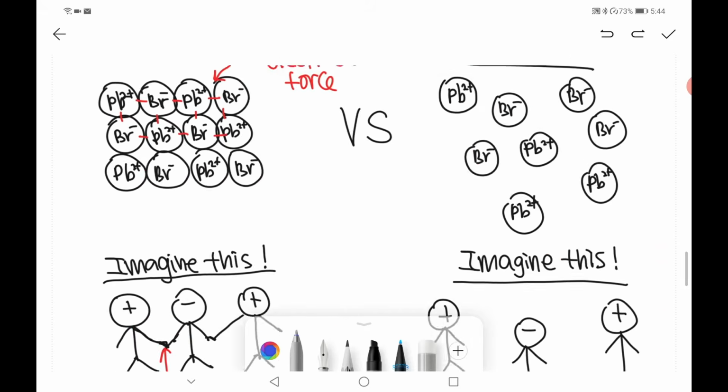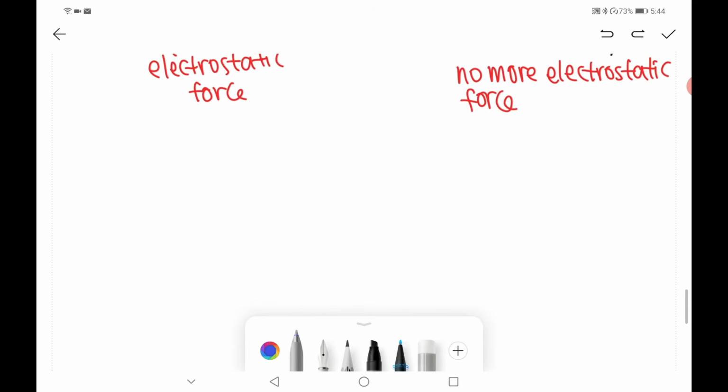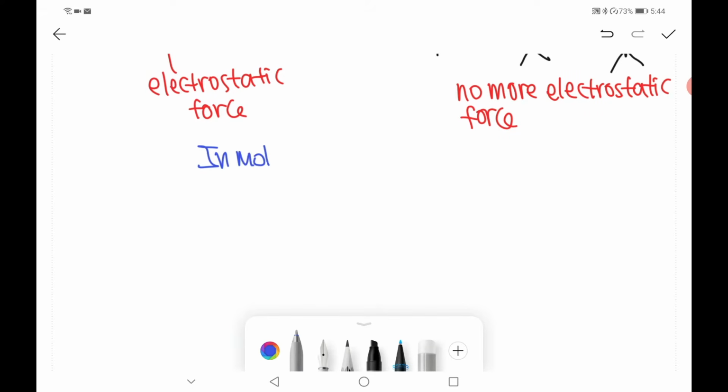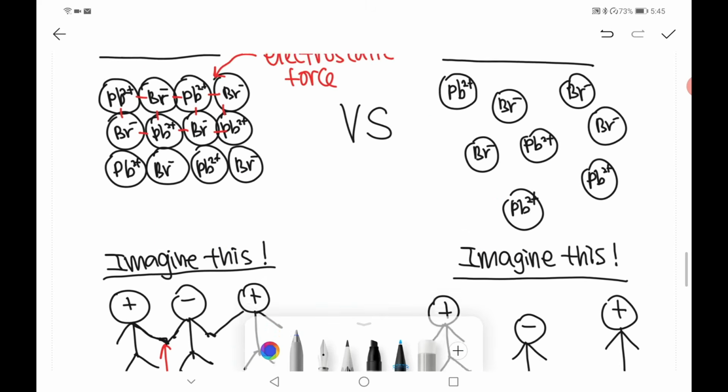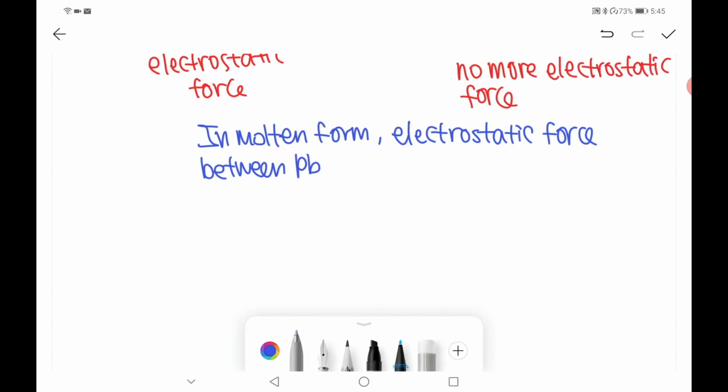Now how to explain in words like this? How do you use words to explain? You can say in molten form, the electrostatic force between the ions is overcome. What are our ions? Pb2+ ions and also Br- ions.